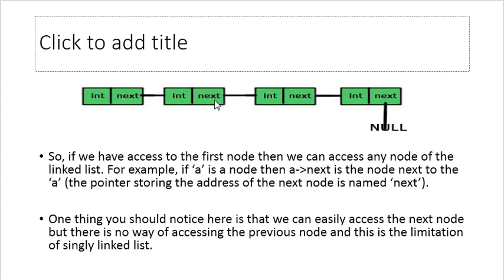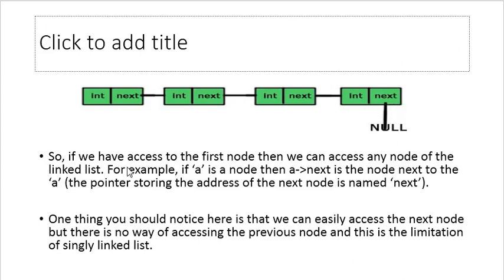It will be the same for the next nodes and the preceding nodes, but the last node's pointer will be null. It will be null as no other node is connected with it.